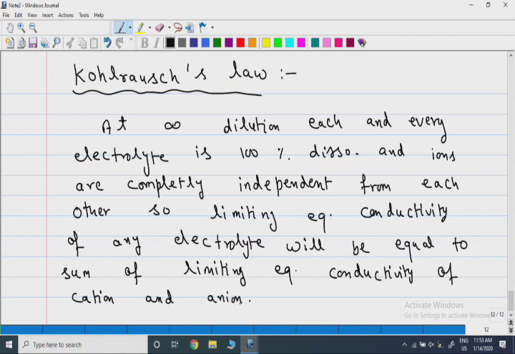Okay, this is the Kohlrausch law. Just copy it, and after that we will learn a little bit more about it. Copy and then confirm.